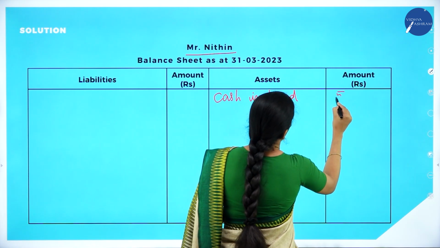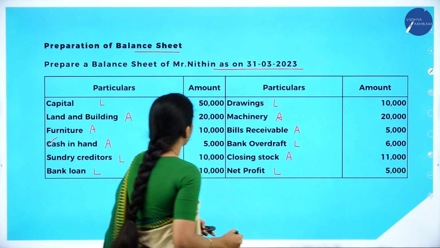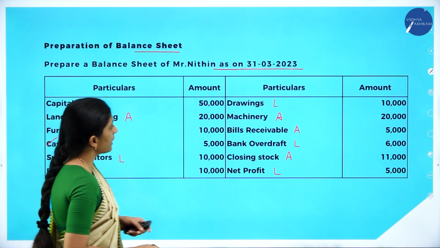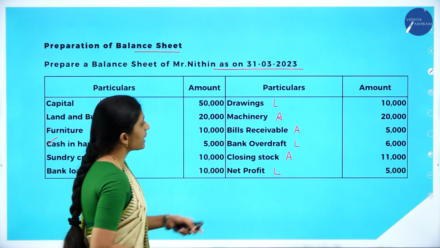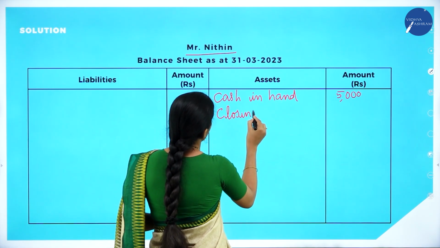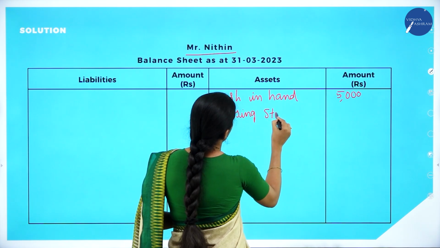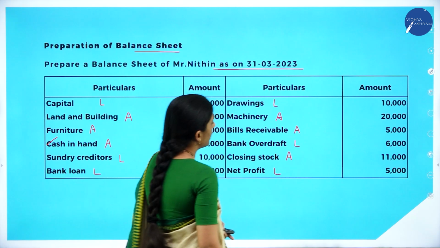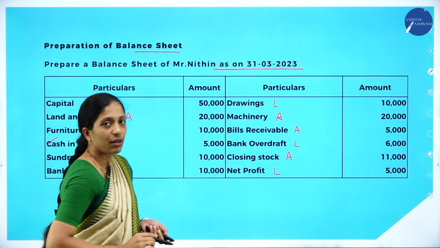Next we have the other current asset, closing stock 11,000. Then we are done with the current assets.